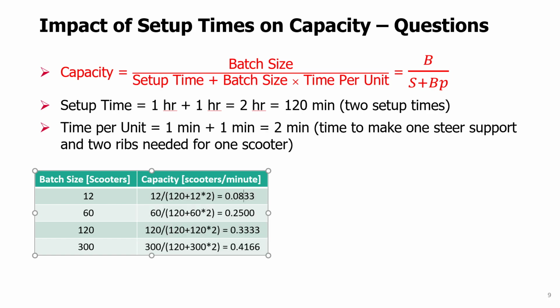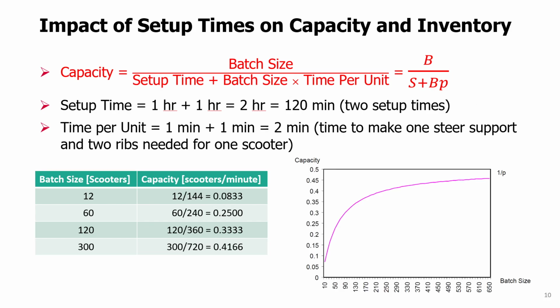So you see, as we increase the batch size, the capacity is increasing. From 0.08, 0.25, 0.33, 0.41, or 42. The capacity is increasing. And in fact, we can see that it is increasing when we are at very small batch sizes. Any increase in batch size is increasing the capacity very rapidly, but then this increase actually saturates.